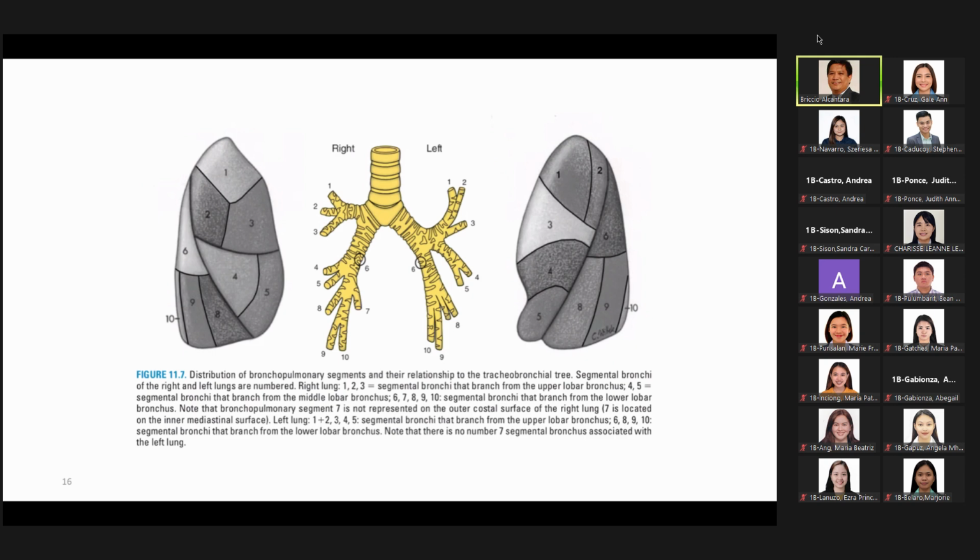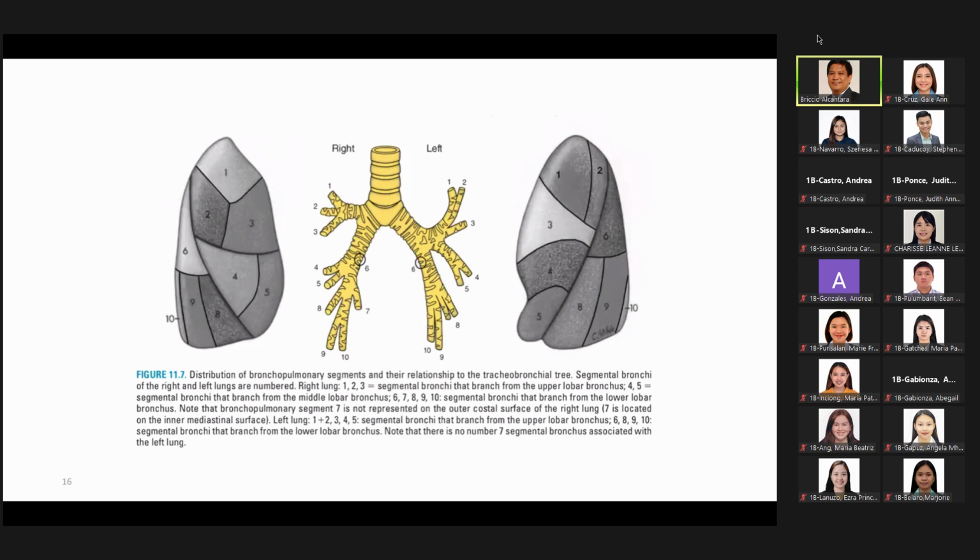Now, the main bronchi further subdivides into your secondary. So this is now the secondary area there. That secondary or your lobar bronchi will be 3 on the right side and 2 on the left side.